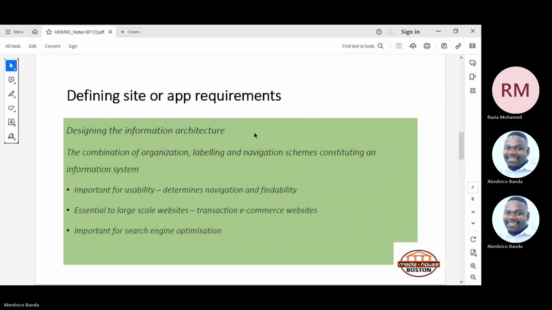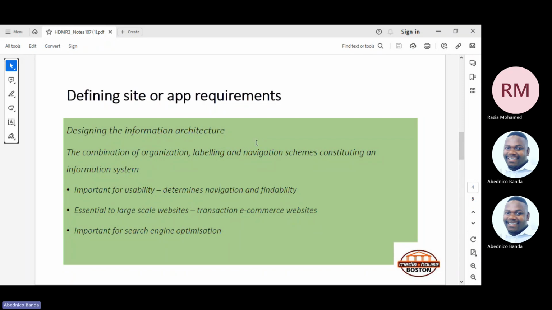Okay, so now we need to design the information architecture: the combination of organization, labeling, and navigation scheme constituting an information system. Whether we like it or not, the more products we post on the website, the more information we post on the products, videos, multimedia information, articles, and stuff like that.